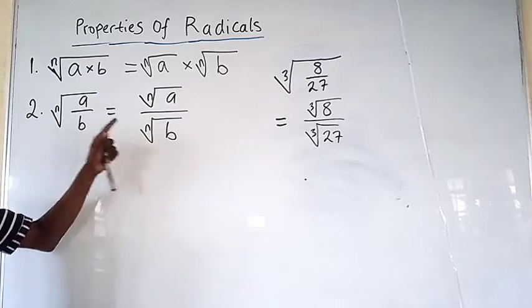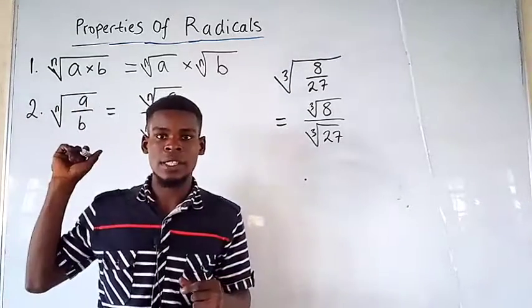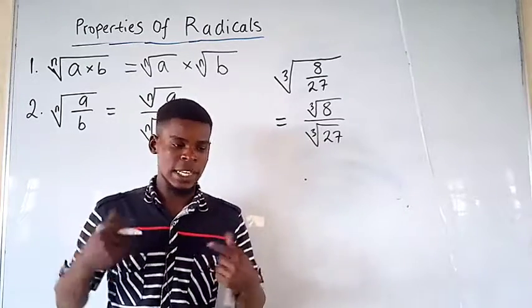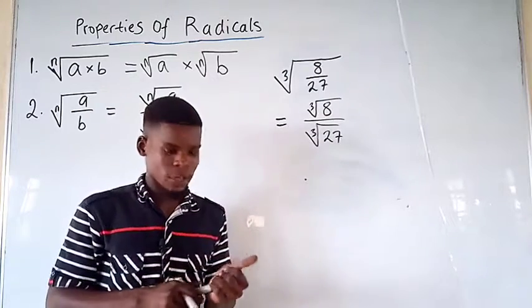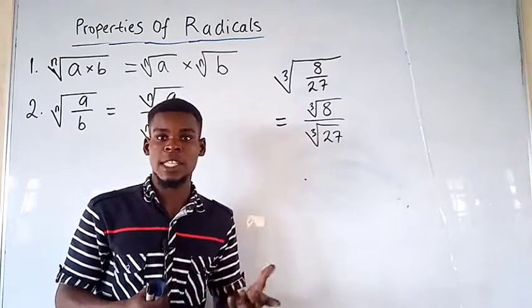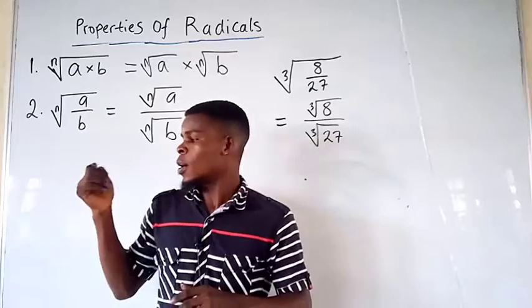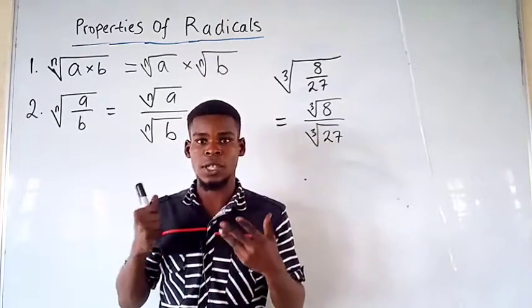Now, take note that this works under some conditions when the inputs are negative and n is even. You remember that we treated that already when we were talking about the properties of rational exponents. So you go back there and check those, okay? Here I'm just applying them without recalling those conditions because I have talked about them already.